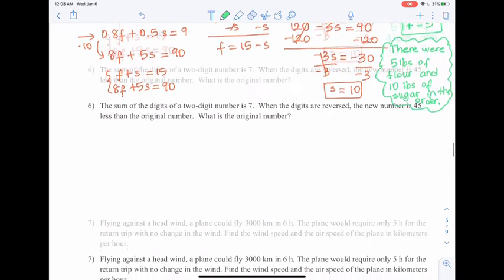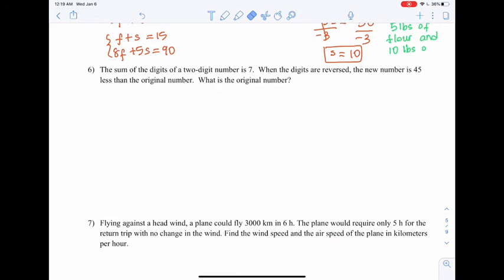Question number 6. The sum of the digits of a two-digit number is 7. When the digits are reversed, the new number is 45 less than the original number. What is the original number? Let's start with defining our variables.